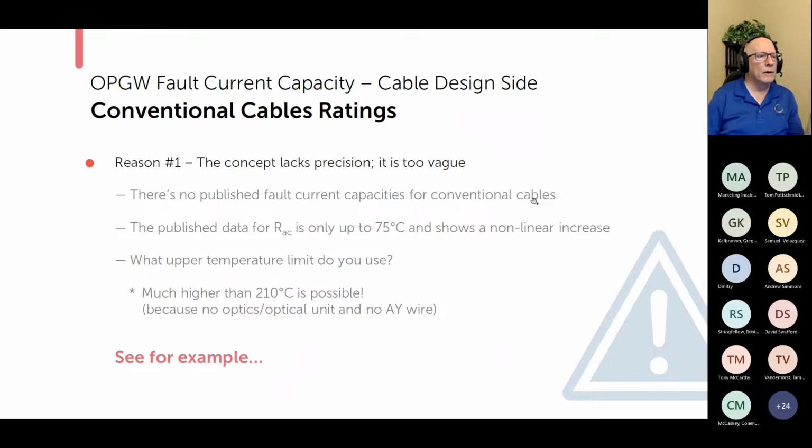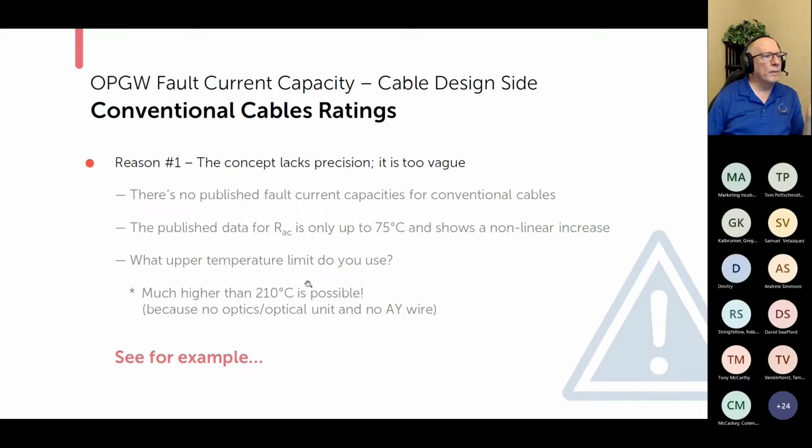You can't go to the Southwire Overhead Conductor Manual, flip to the pages for steel and ACS cables, and find published fault current capacities. You don't find that anywhere. The published data for the AC resistance is only up to 75 degrees C, and it actually shows a nonlinear increase, so something else is going on there.